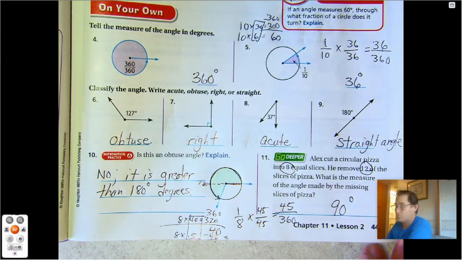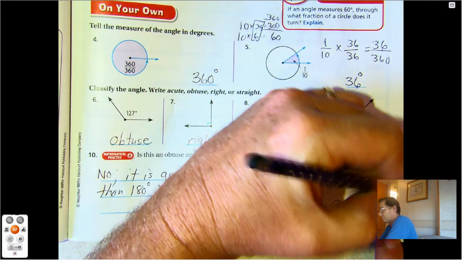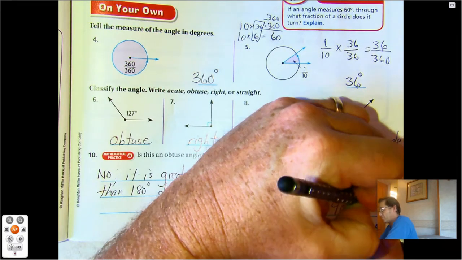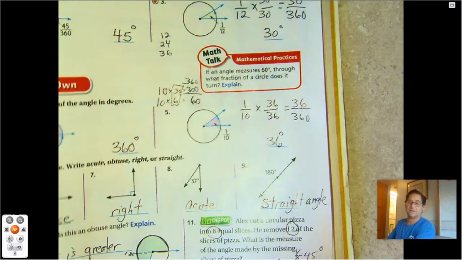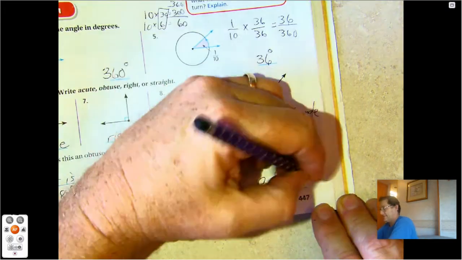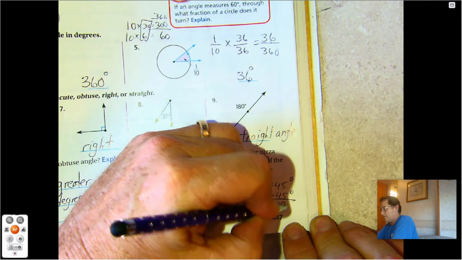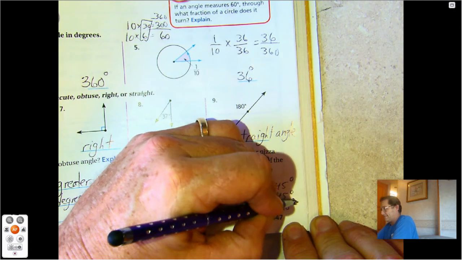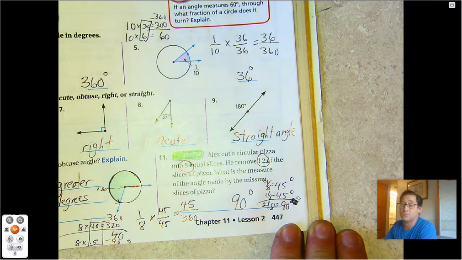He's taken 2 of the pieces, so we can say 1/8 equals 45 degrees, and the other 1/8 piece that he took out is 45 degrees. If you add that together, you get 2/8 or 90 degrees. And again, that makes sense because 2/8 can be simplified to 1/4, and a fourth turn around a circle is 90 degrees. Okay.